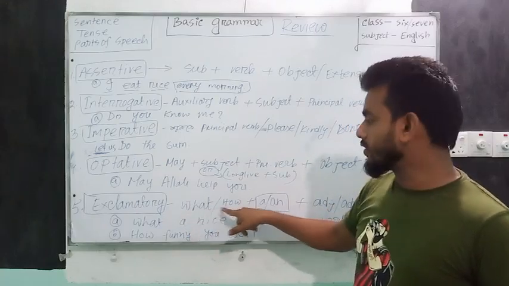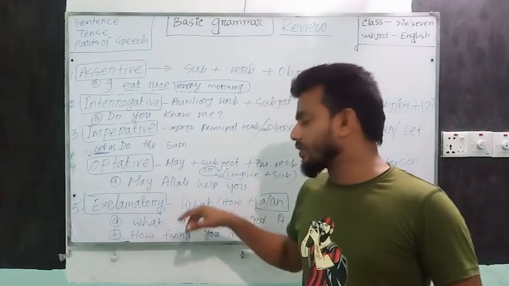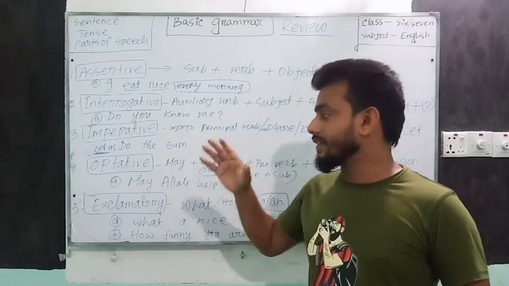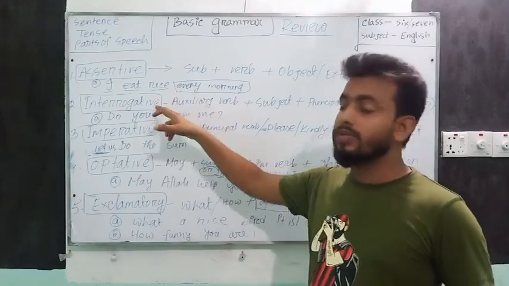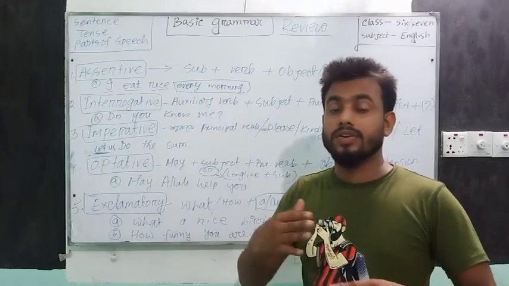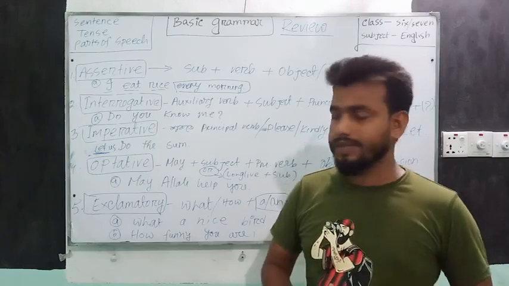First of all, What or How. In an interrogative sentence, you also find What or How. But this sentence and that sentence are so different, because the interrogative sentence is for asking someone, but with an exclamatory sentence you are expressing surprise.